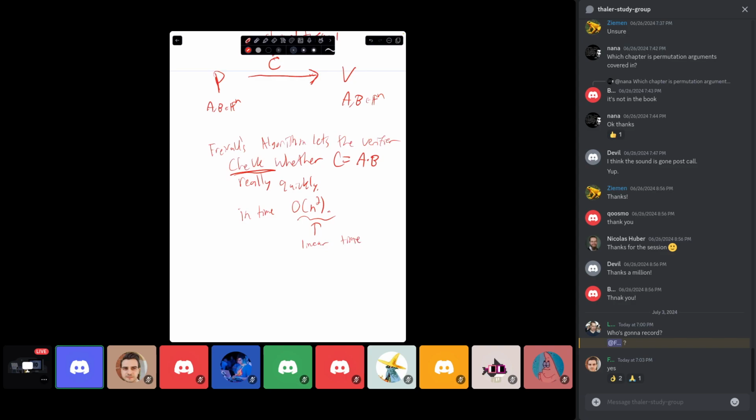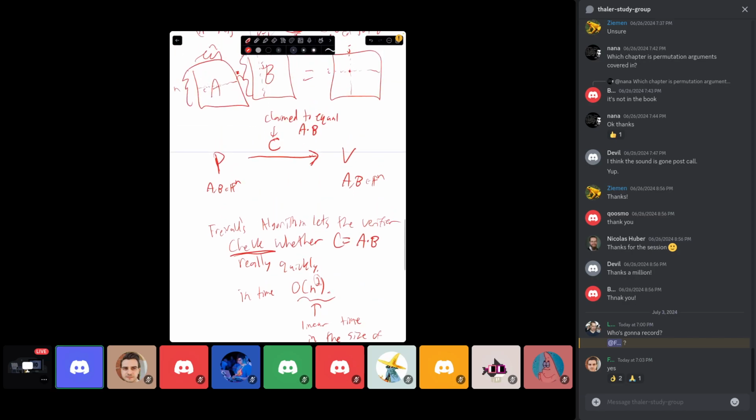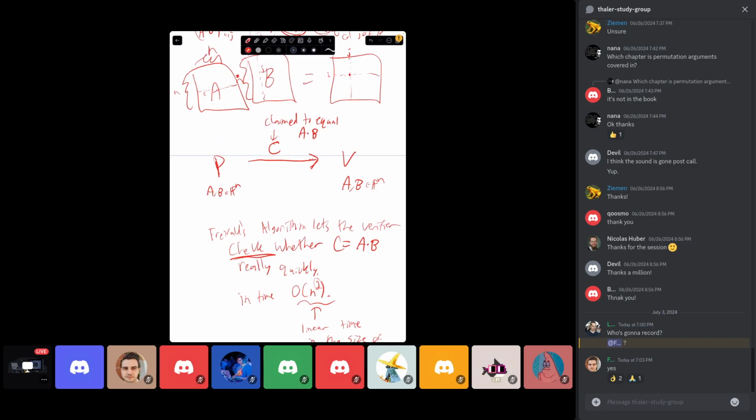Now it might not look linear because there's an exponent of 2 here, but the inputs have size n squared. So it's linear time in the size of the input matrices, A and B, right? Because remember, these matrices have n rows and n columns. So actually, writing down all the entries of A, there's n squared entries.